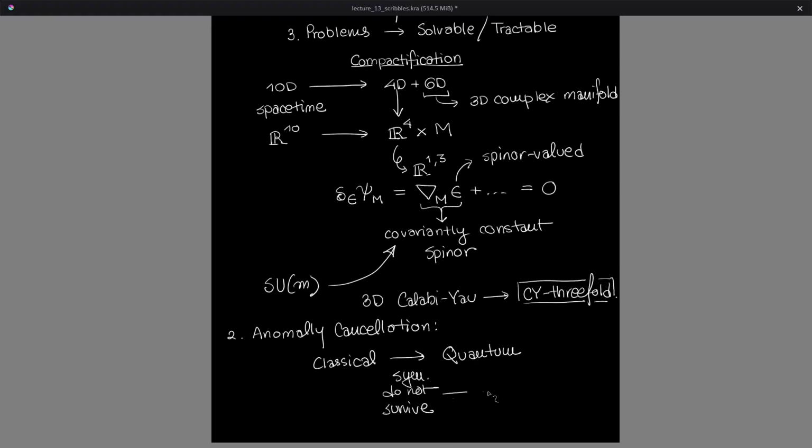These are called anomalous symmetries, and anomalous symmetries are bad news for physics theories. So we want there to be no anomalous symmetries. And one of the ways that anomalous symmetries can be made to vanish is by using a Calabi-Yau. And so we like Calabi-Yaus because we don't like anomalous symmetries.